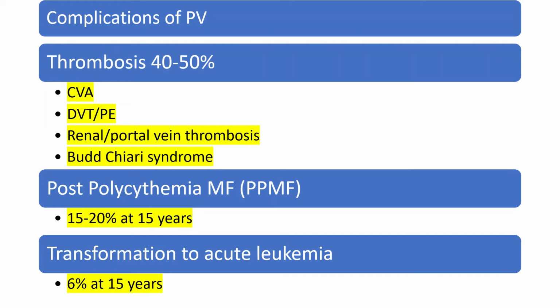The other feared complications occur in the long run and are not as common as thrombosis: post-polycythemia myelofibrosis, which occurs in 15 to 20% at 15 years after diagnosis, and transformation to acute leukemia in some patients, 6% at 15 years of diagnosis.